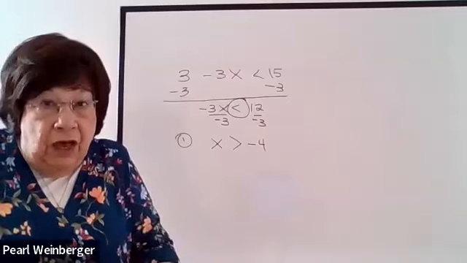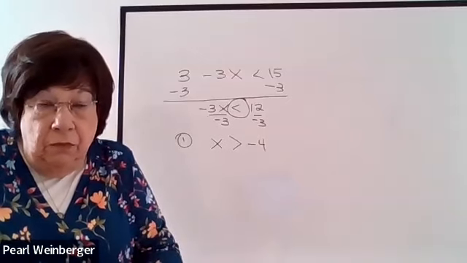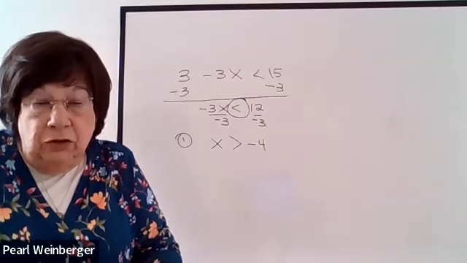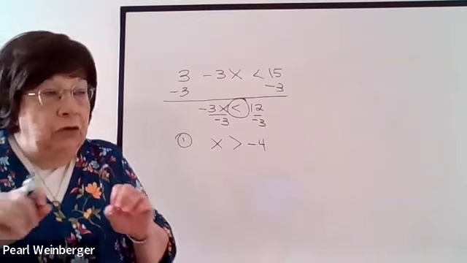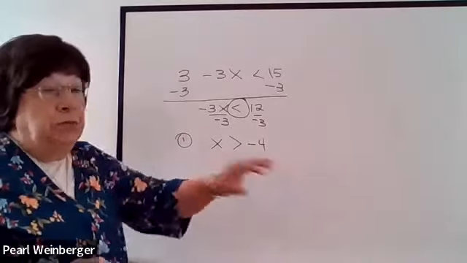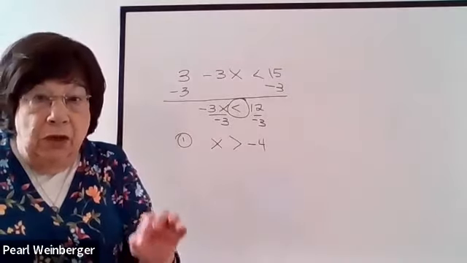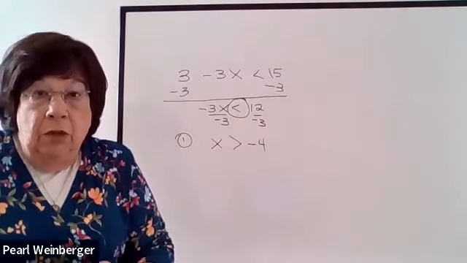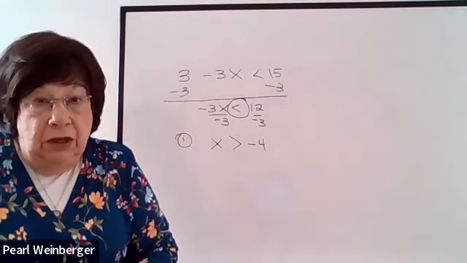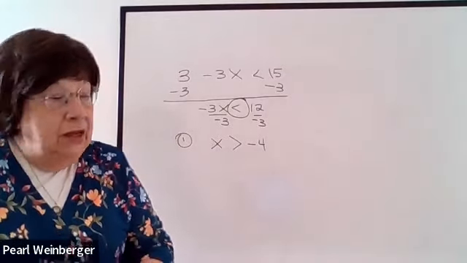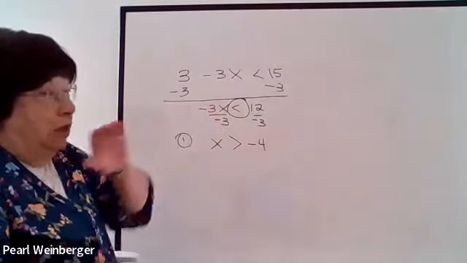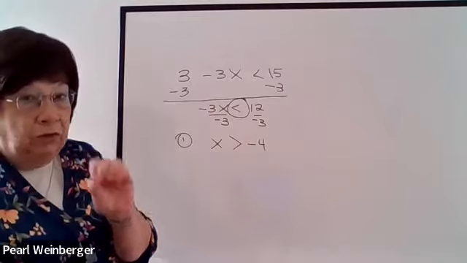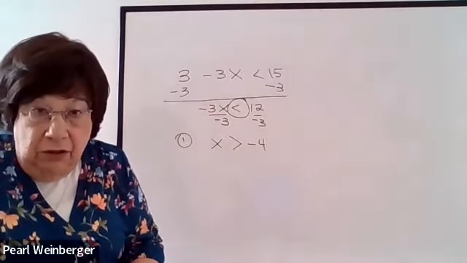Right, when you divide by a negative number, you must switch the inequality. Or if you multiply by a negative number, but otherwise you leave the direction of the inequality the same. Only in this case where you're dividing by the negative number, not when you're subtracting, but when you're dividing by the negative number. Is that clear?